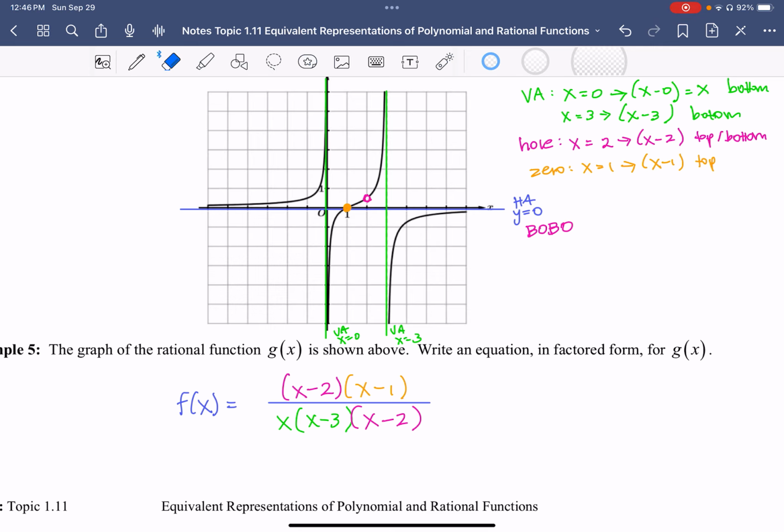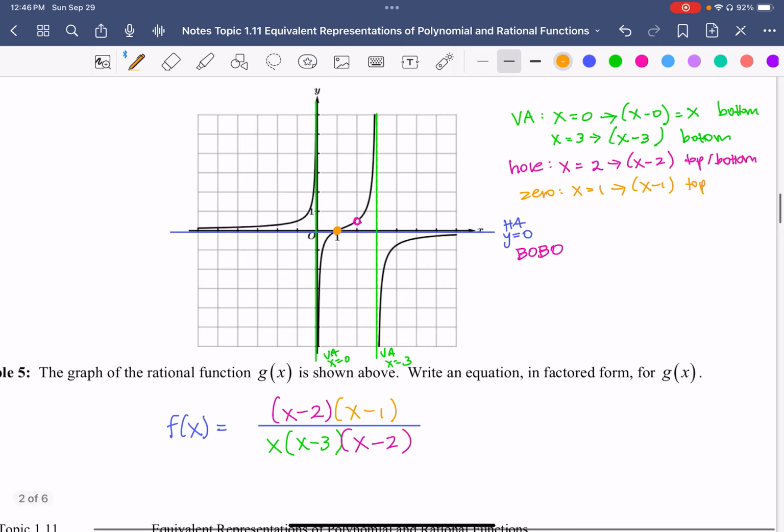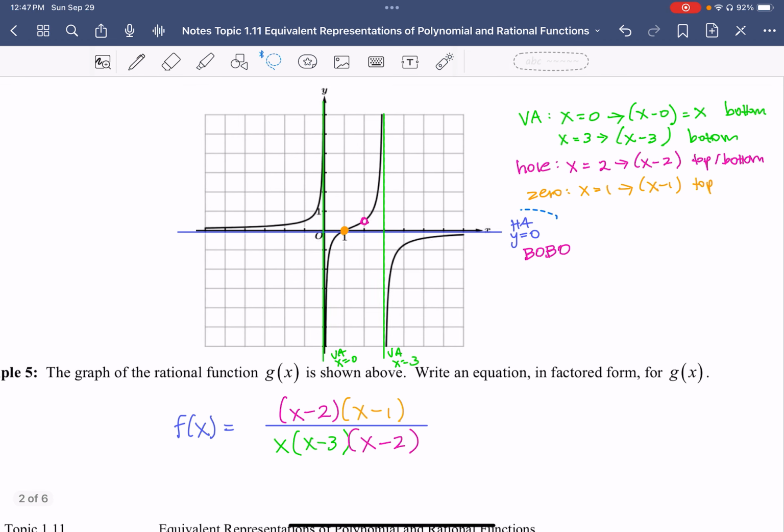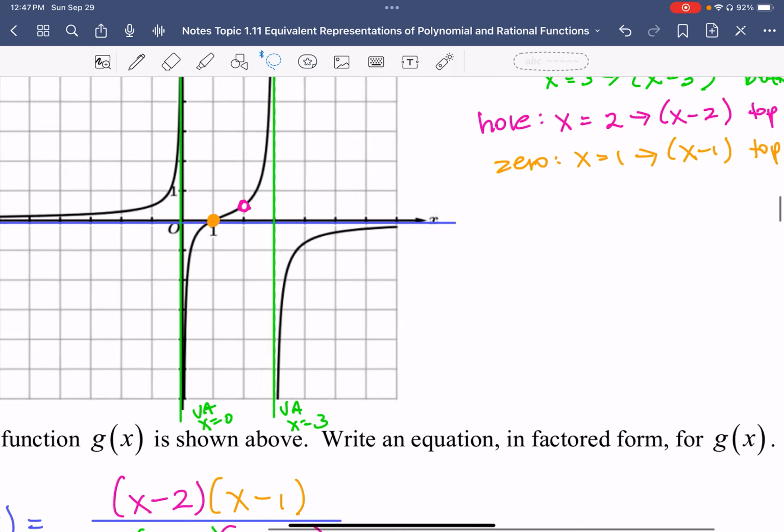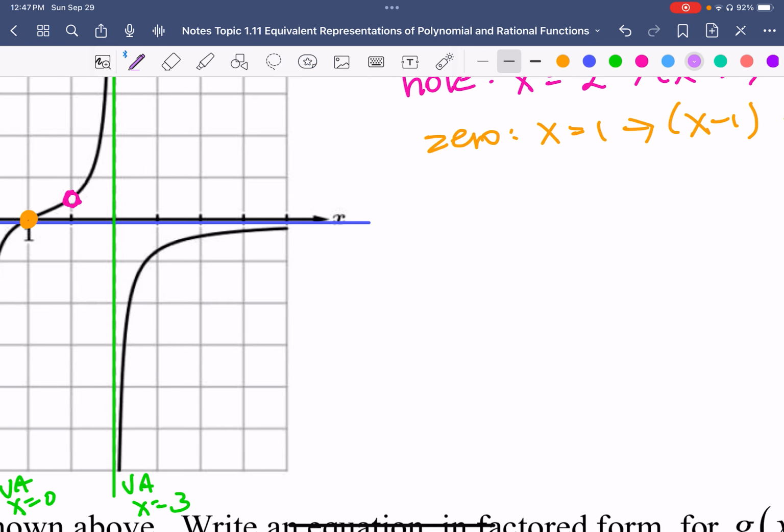Now, the only thing that we haven't talked about yet is what happens if the graph is below the x-axis. So notice that if I zoom in here, you see how on the right side, the graph is underneath the x-axis. So that's going to let you know that your leading coefficient has to be negative.